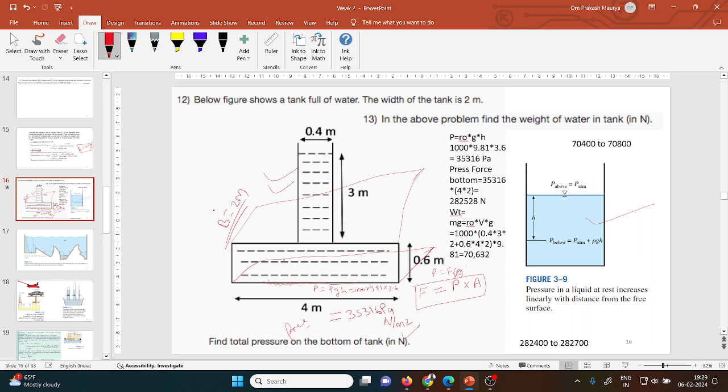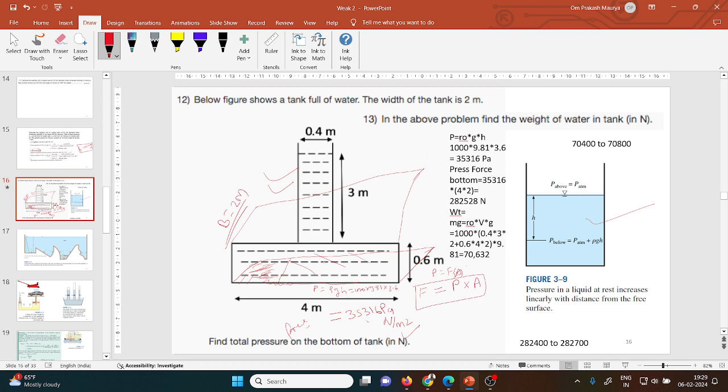If this bottom area is 1 meter square, then in this 1 meter square, your pressure is 35316 Pascal, that is, 35316 Newton acting on this much area. This is the meaning of pressure, but you need to calculate on the whole area.